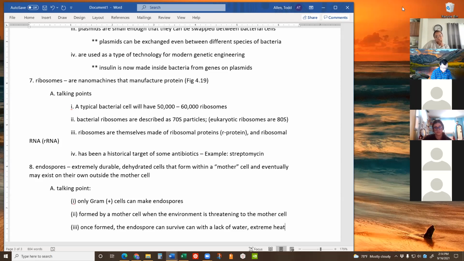So endospores can survive the presence of toxic chemicals and even, honestly, moderate exposure to various forms of radiation. Certainly endospores could survive a level of radiation exposure that would quickly kill a human being. Okay.